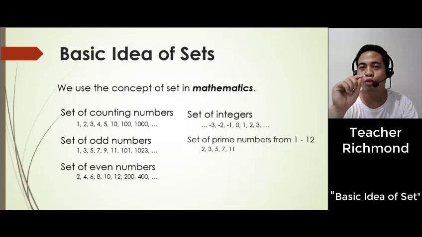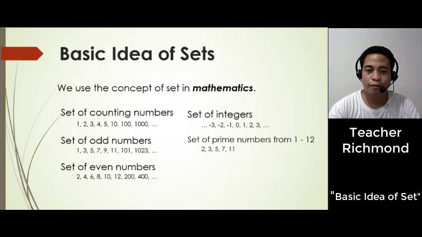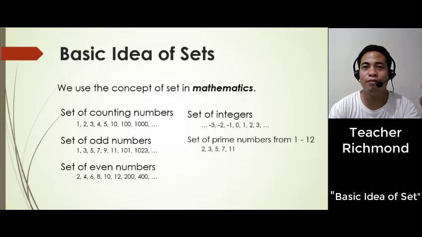Like 2, you look at number 2. The only set of factors for number 2 is itself and 1. Okay? Not the same with number 4, because number 4 has 2 factors, because 2 times 2, that is a factor of 4, and 1 times 4.